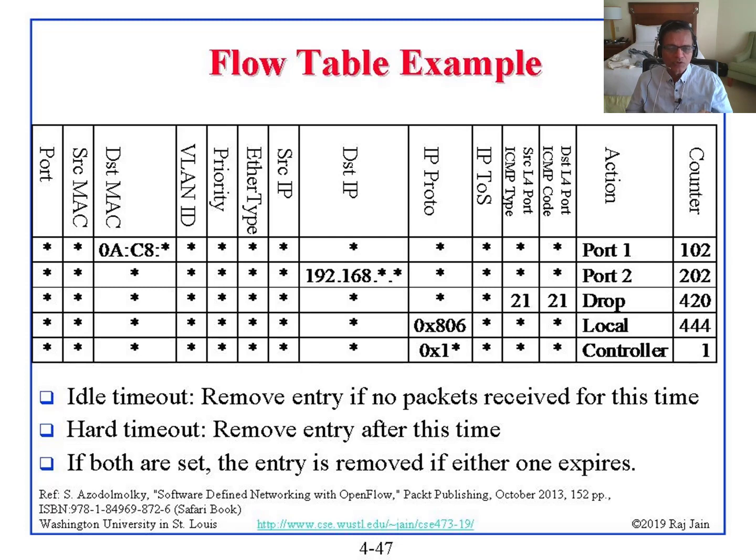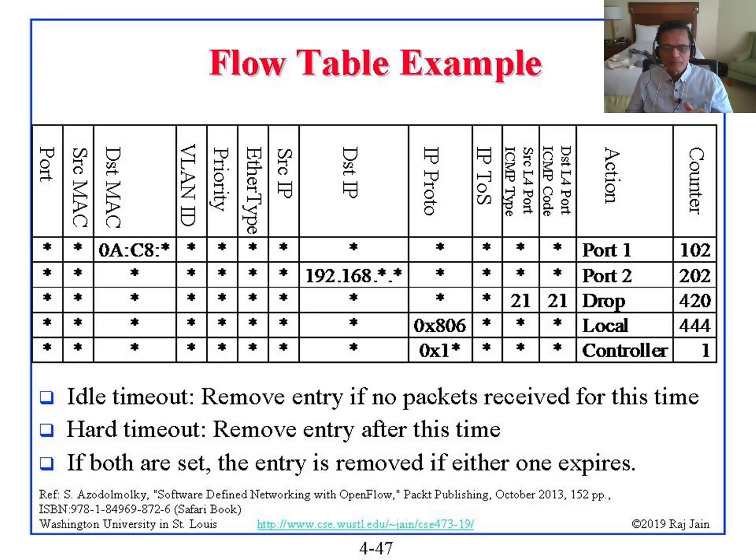Port star means it doesn't matter what port it came on. It doesn't matter what the source MAC address is. But if the destination MAC address is 0A:C8 followed by anything, then this matches.